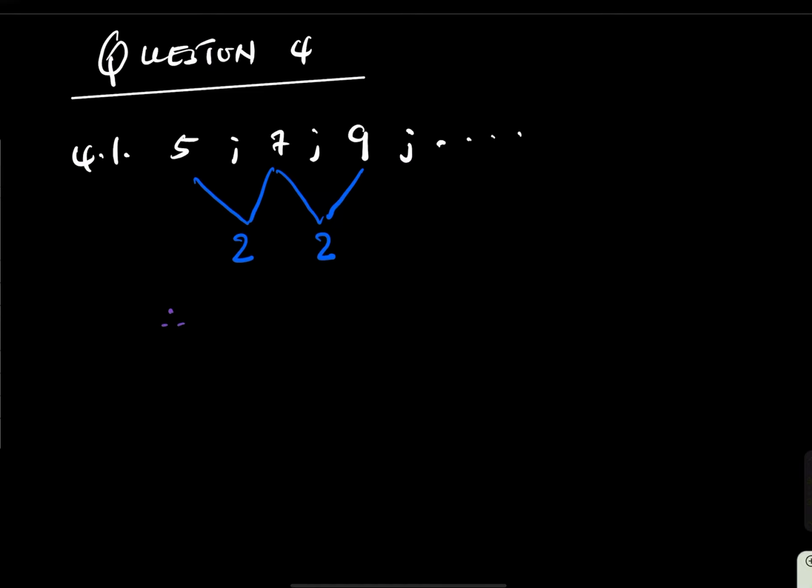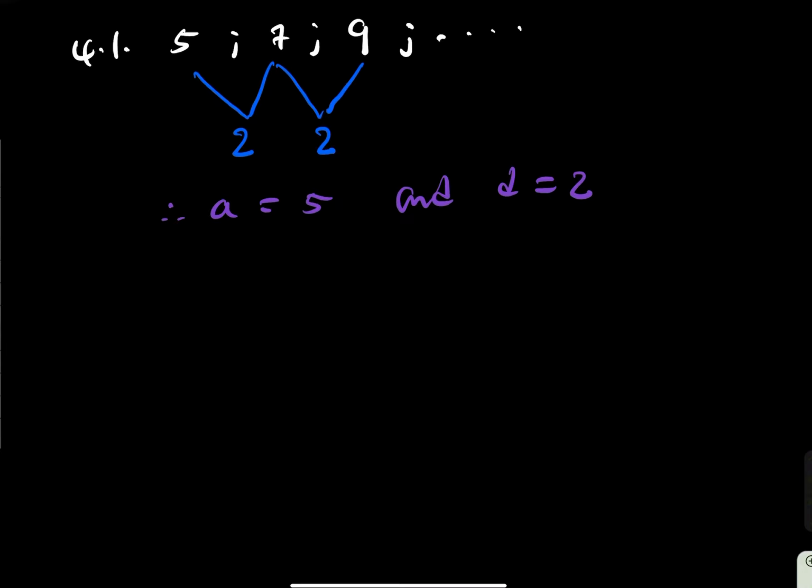So therefore, the first term is 5 and your difference is 2. So you can then say to yourself, T51. Tn is equal to A plus n minus 1 times the difference d.